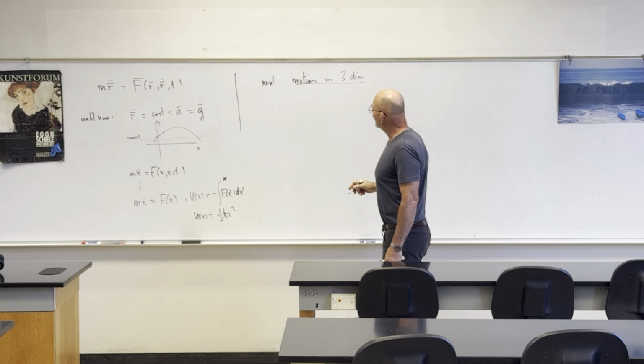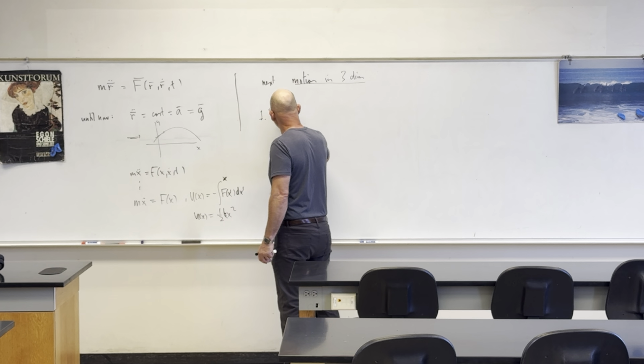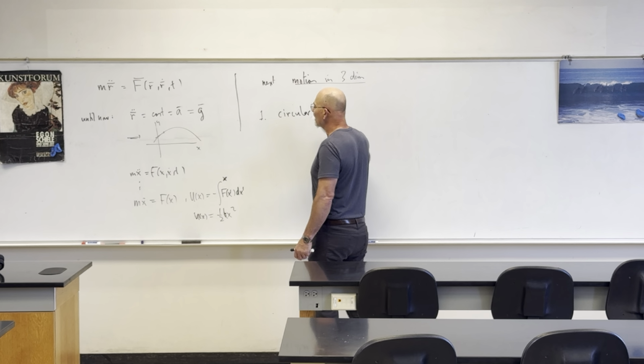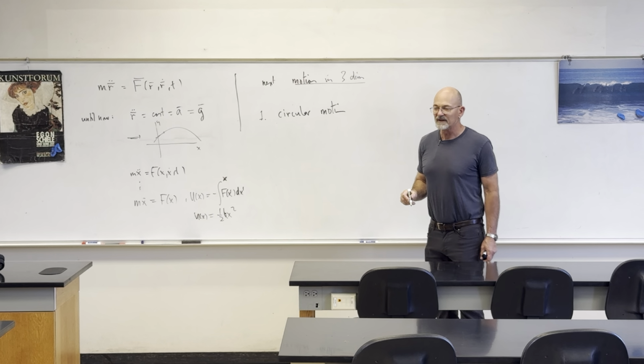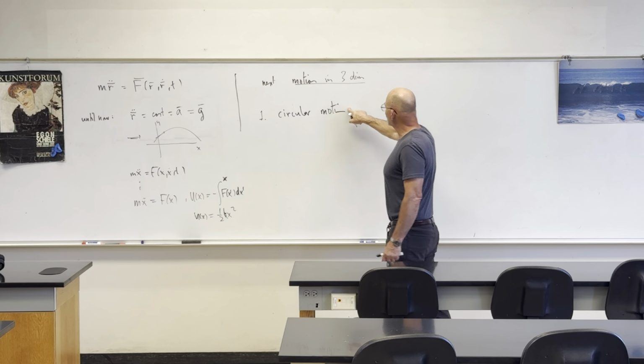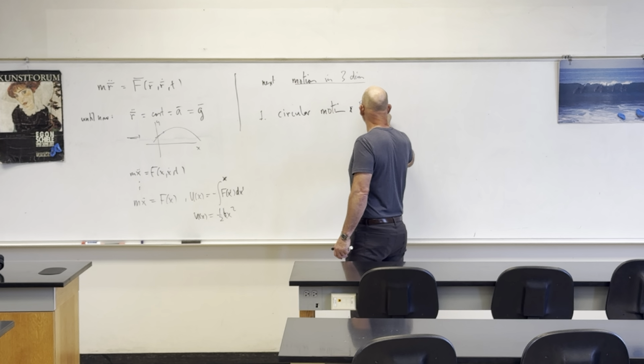So I have as an example, or as the next thing to talk about, is circular motion. At the very beginning, we touched on circular motion a bit. I derived a certain V squared over R. So we want to do circular motion and uniform circular motion.